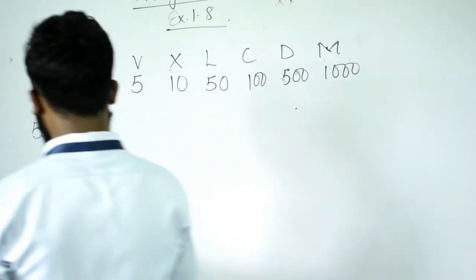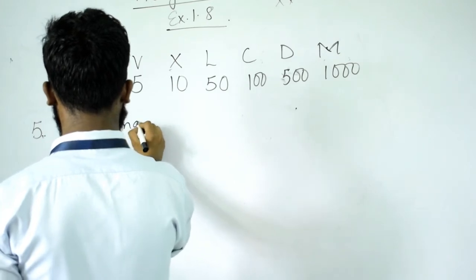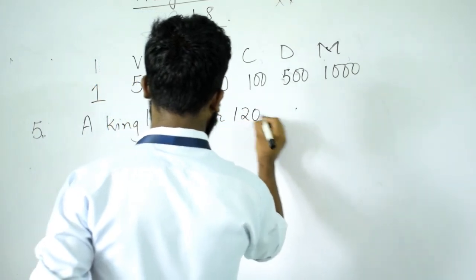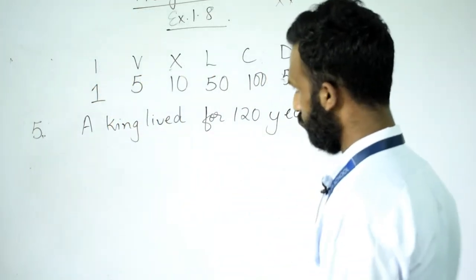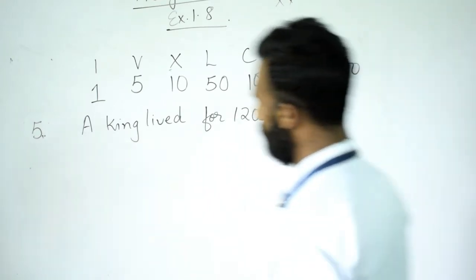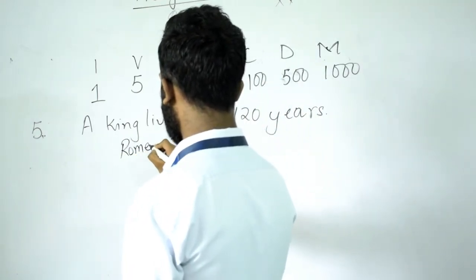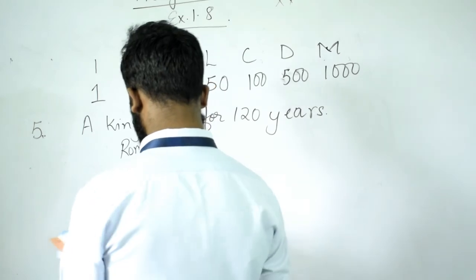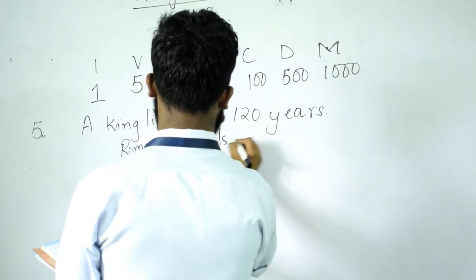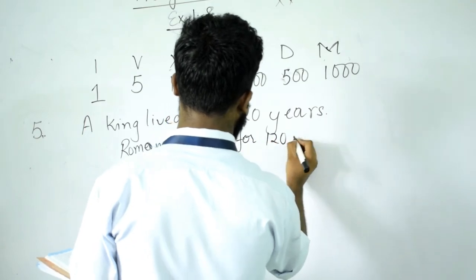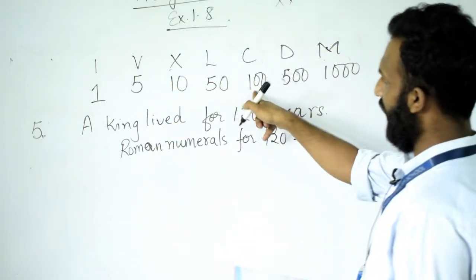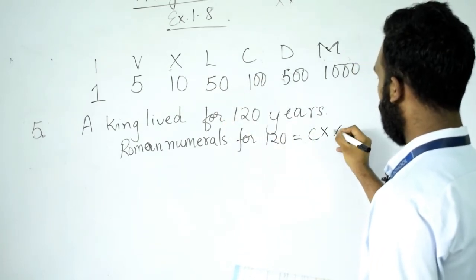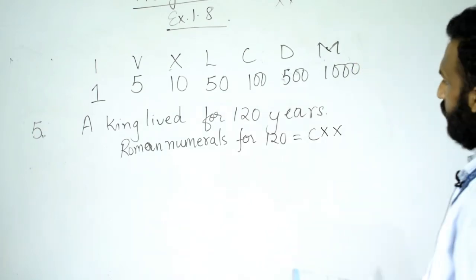It is saying a king lived for 120 years. So we have to write the Roman numerals for this. For 120, for 100 we'll write C, and for 20 we can write X two times.